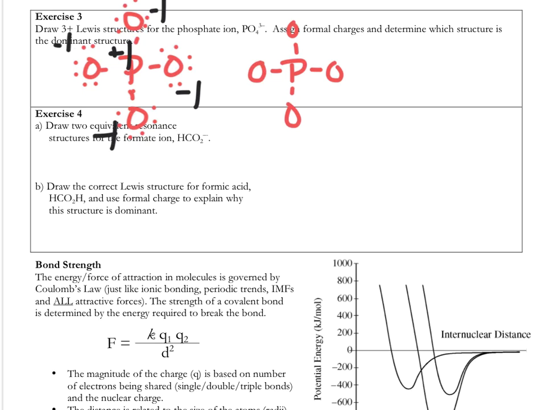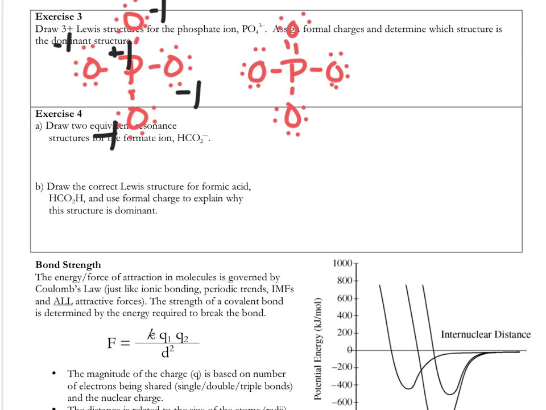We don't have anything weird going on with that. We've used all 32 electrons. But because phosphorus is in period 3, it can have 8 electrons or it can have more. So instead of drawing all of these as single bonds, and that one was kind of ugly, I can draw one of these, that's not much better, as double bonds.